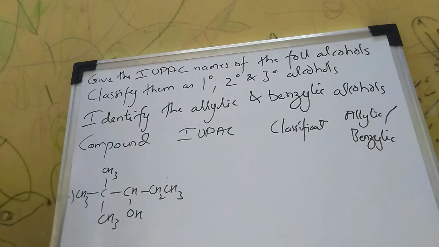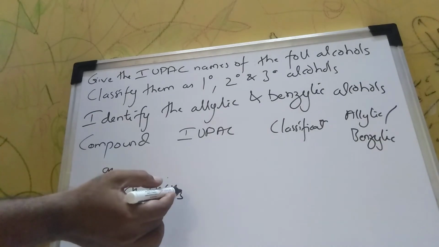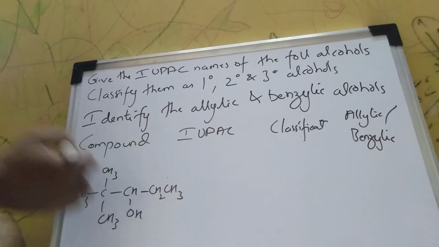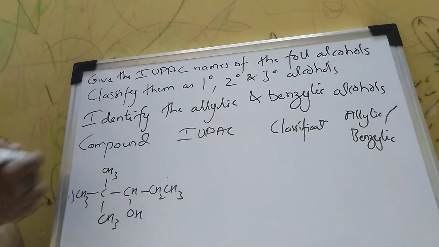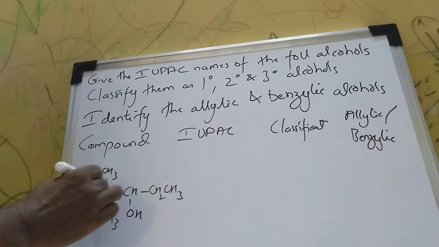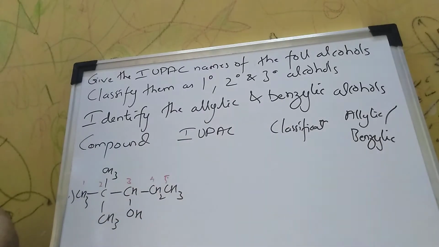So, by counting from here, you get the OH on the third position and the substituents on the second. Whereas if you count from the right hand side, you get the OH on the third, but the substituents you get on the fourth position. So, counting from left hand side is the appropriate one. 5 means pentane, pentan.